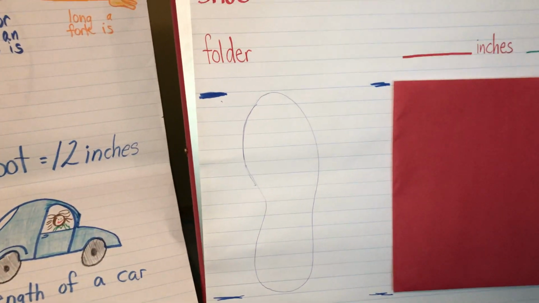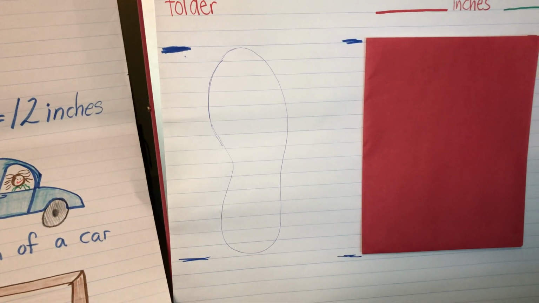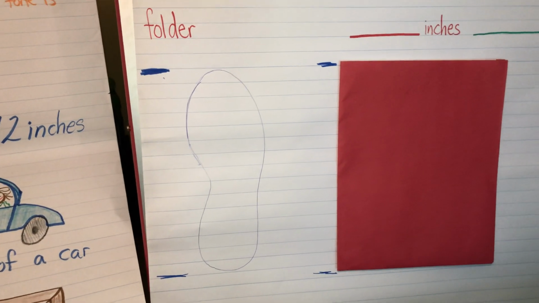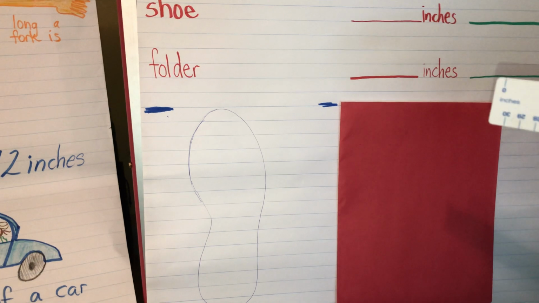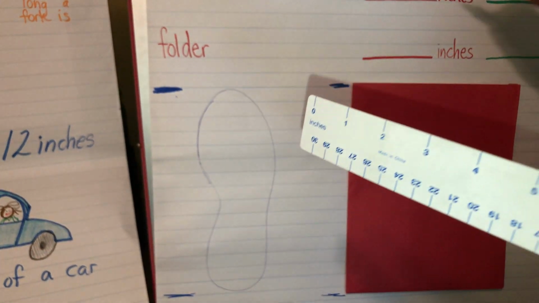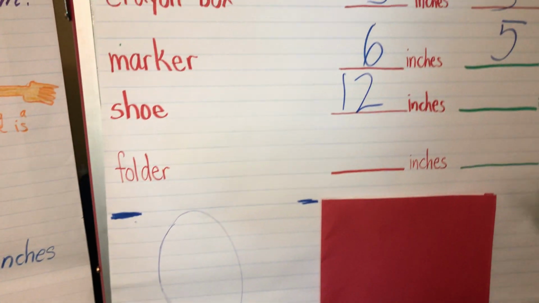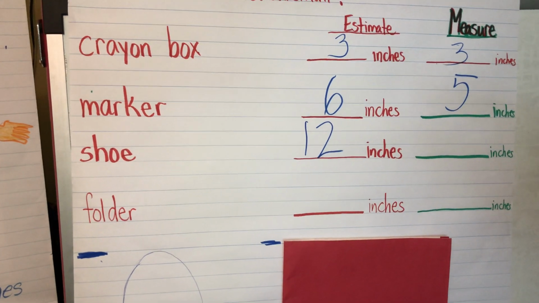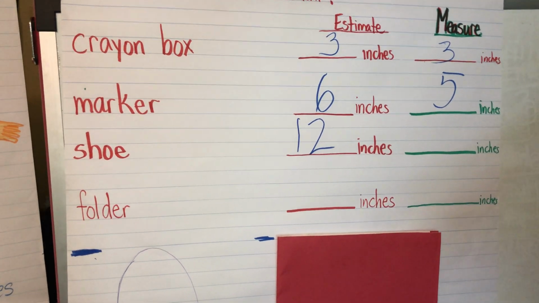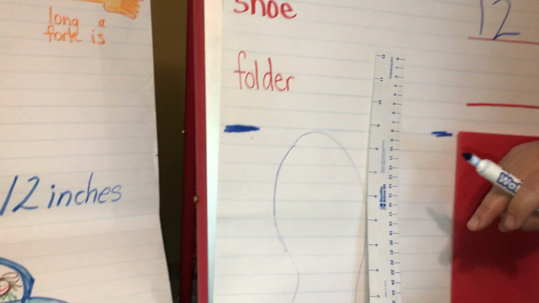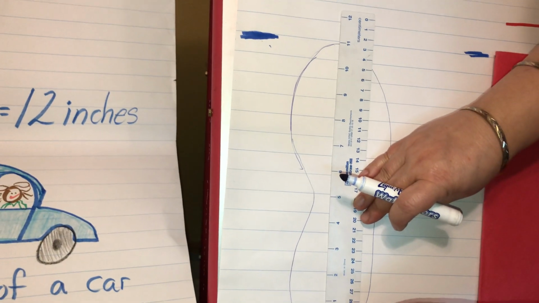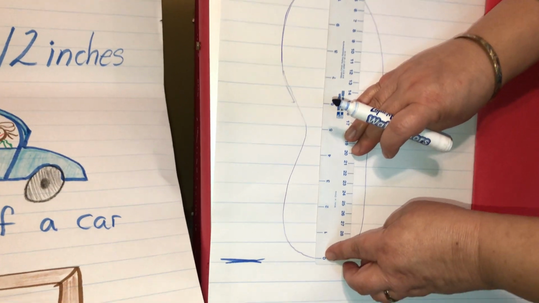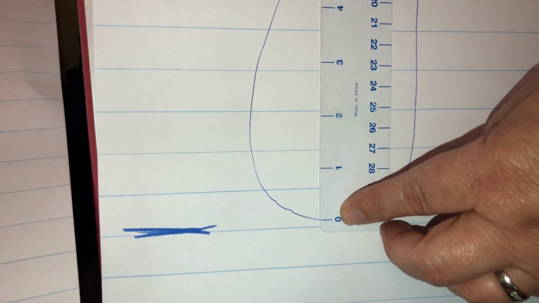So, that's a pretty big shoe. Maybe it's 12 inches long. Okay, maybe it's as long as this ruler. Okay, so I'm going to estimate that it's 12 inches long. So I line up the 0 with the bottom of the shoe, the edge of the shoe.